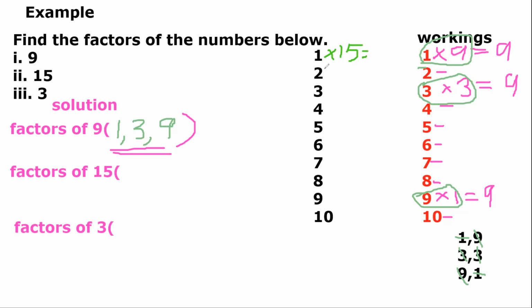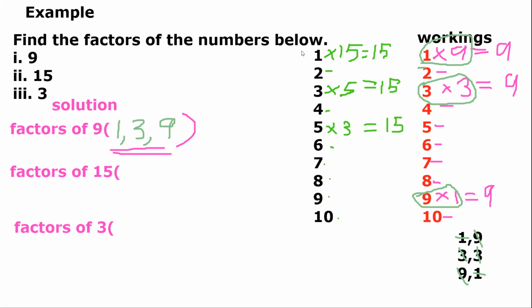So 2 times what number? No. 3 times 5 will give you 15. 4, no. 5 times 3 will also give you 15. 6, no. 7, 8, 9, 10, none of these can ever give you 15.